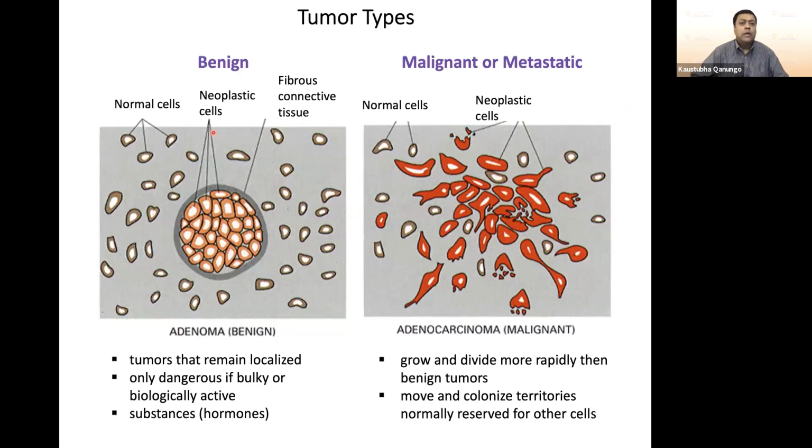So here we are looking at the tumor types, and there are two types of tumor. The first type is a benign tumor. We all know this. And remember that even in the benign tumors, that is still uncontrolled cell growth, and these cells will be called neoplastic cells as well.